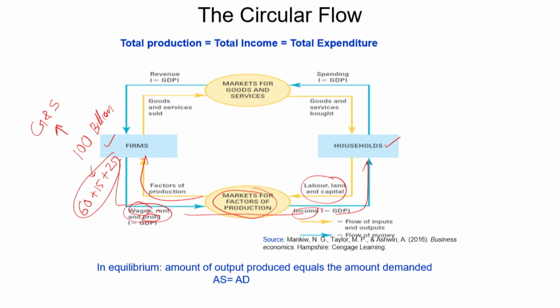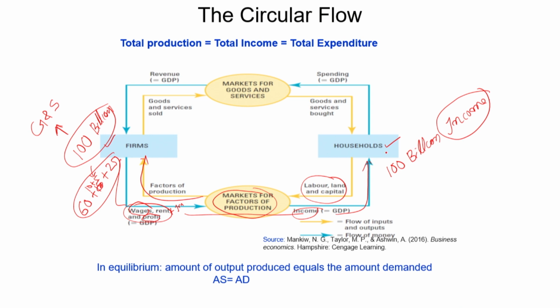Actually, interest income should also be there, so let us make it 10 plus 5. So the total factor income goes to the households. That means when 100 billion is produced here, equivalently 100 billion of factor income has been generated here, right?